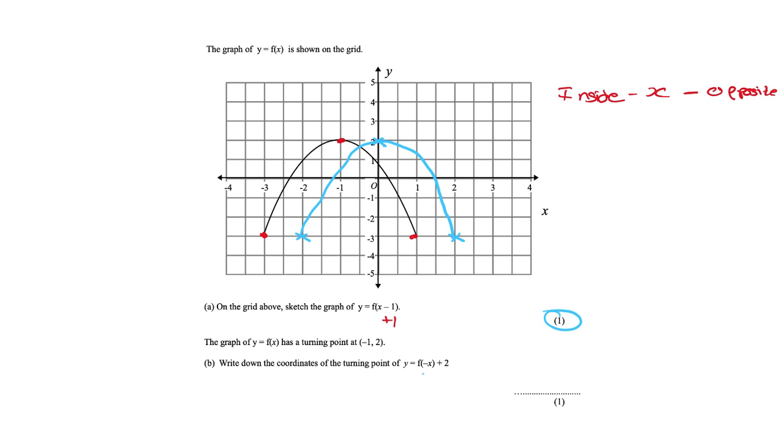What we are going to do is the inside bracket is going to change the x-axis and do the opposite. So -1, we're going to divide it by -1, and that's going to give us +1. And then add 2, we're going to do as it's told. So we're going to do 2 add 2, which is 4. So we're going to be left with 1, 4 as our final answer for 1 mark.